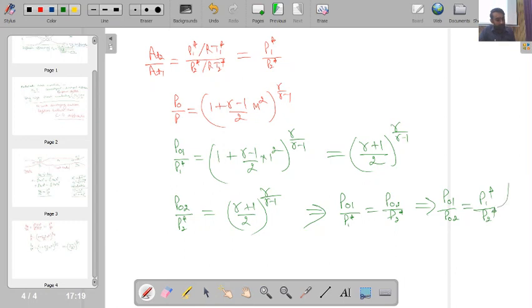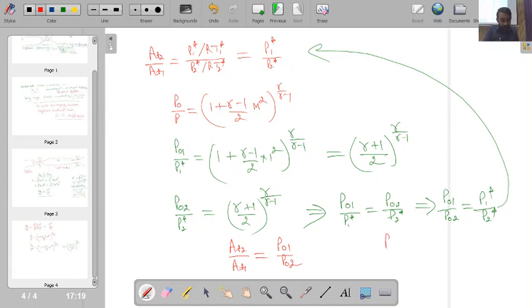So now I can substitute over here. What I will be getting ultimately is that A2 by A1 is equal to P01 by P02. P01 is the stagnation pressure at the first throat and P02 is the stagnation pressure at the second throat. We also know that our flow is from the first throat to the second throat.